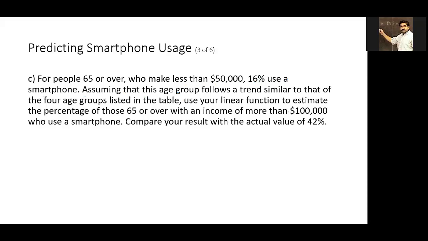Assuming that this age group follows a trend similar to that of the four age groups listed in the table, use your linear function to estimate the percentage of those 65 or over with an income of more than $100,000 who use a smartphone. Compare your results with the actual value of 42%.